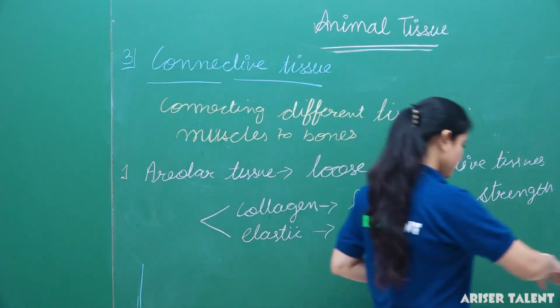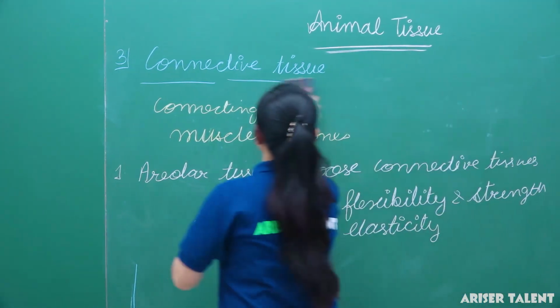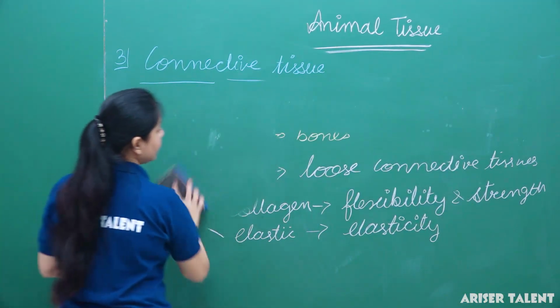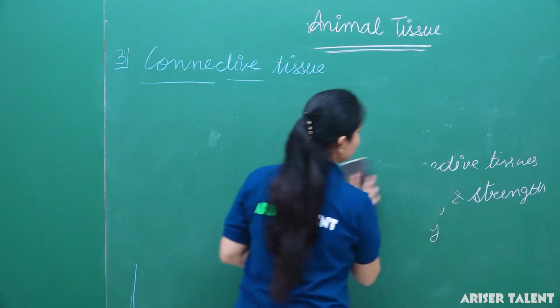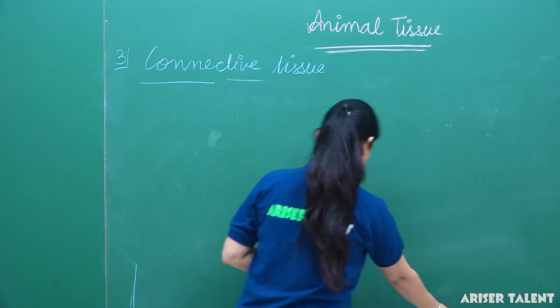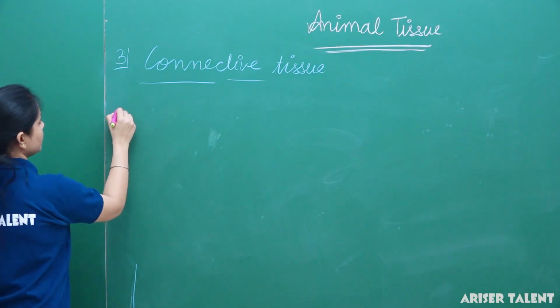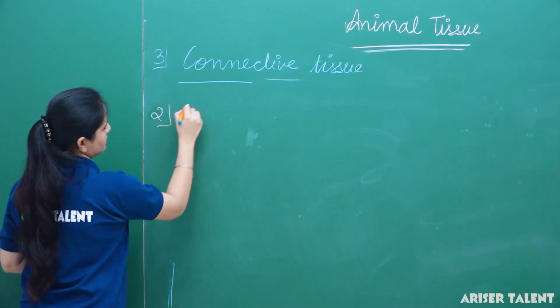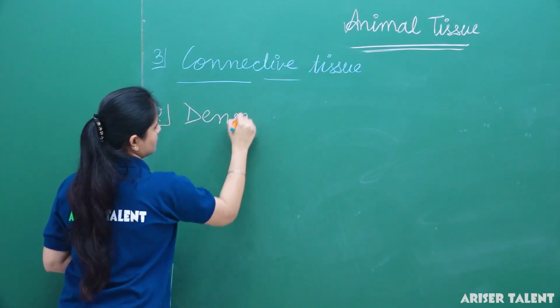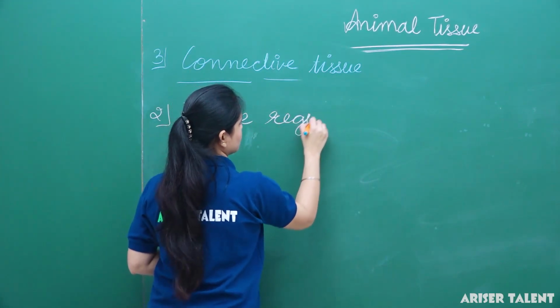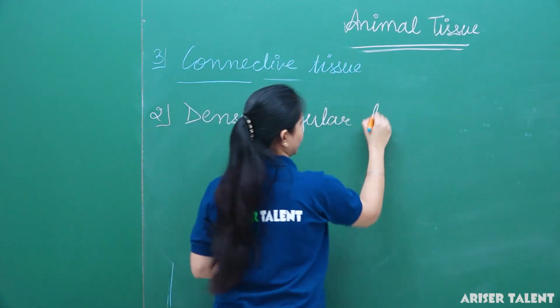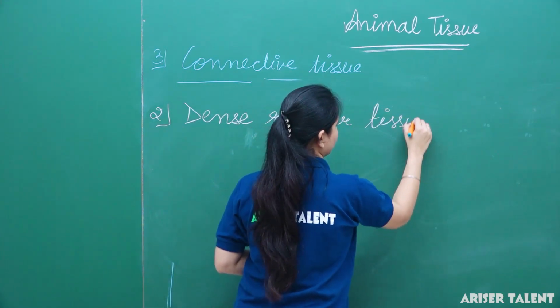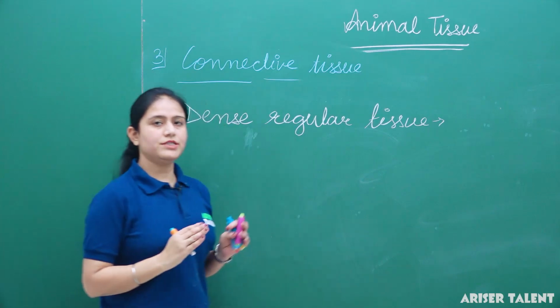Next, number 2 is dense regular tissue. Dense means thick.